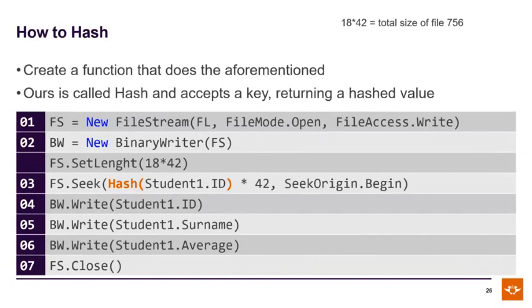But then again, you are probably still asleep. You asked a question where, oh, for line 3, we only hash for ID and other information for student like surname and average, we leave out. So the ID is what's going to determine your location, and that's your key value. It's the key. It's what you're using to store the information.